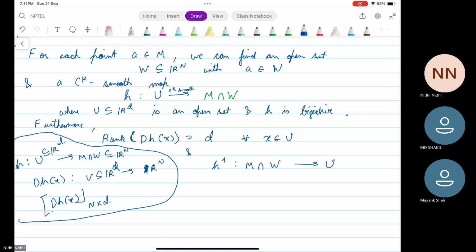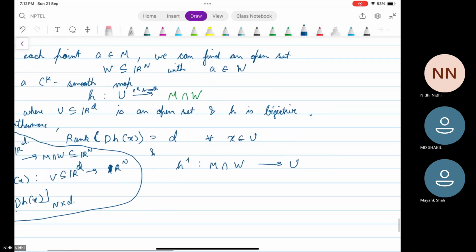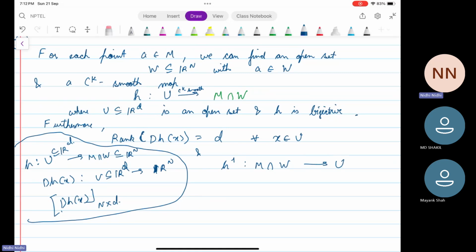Yeah, we can find a bijection between an interval and a sphere. I think we can do that.